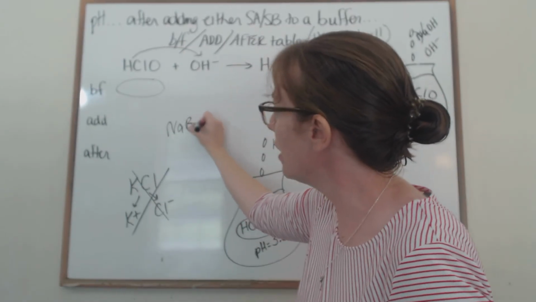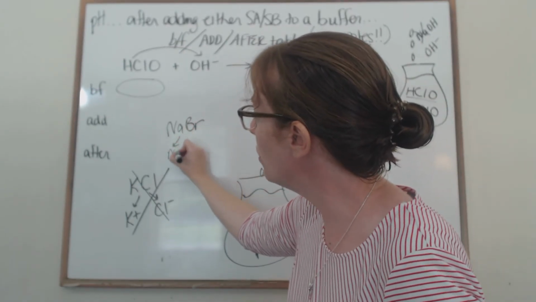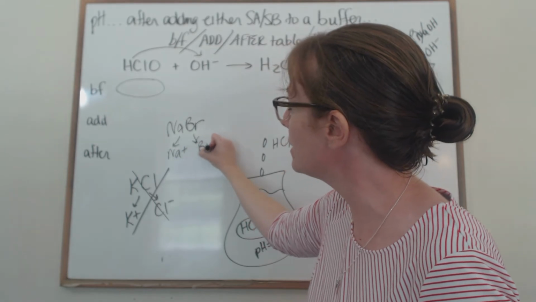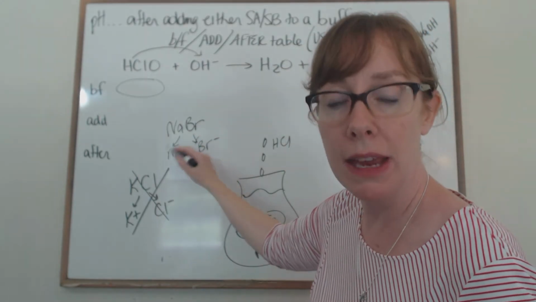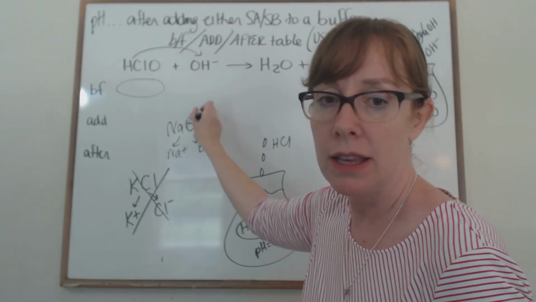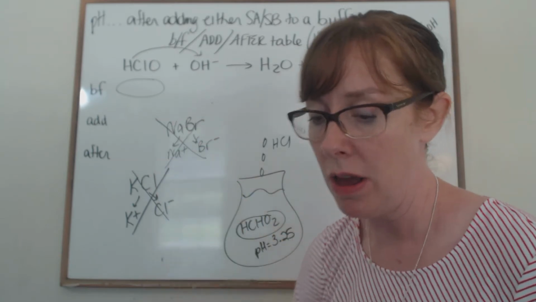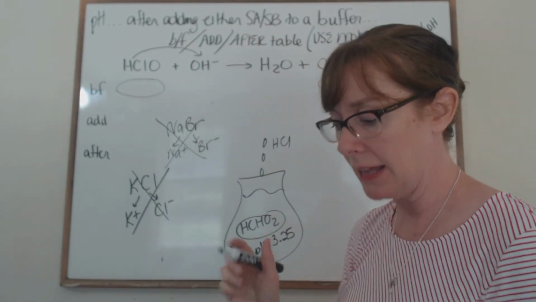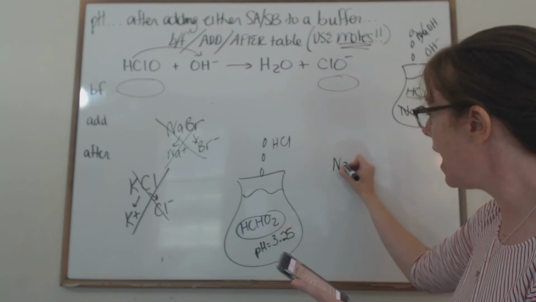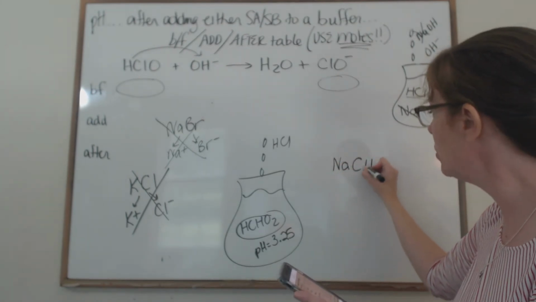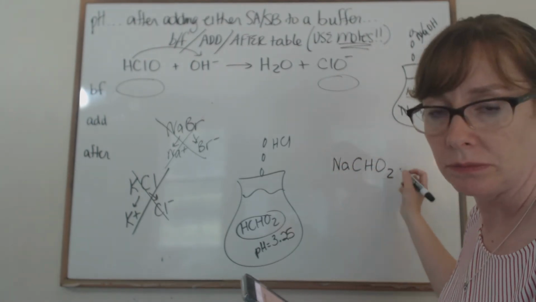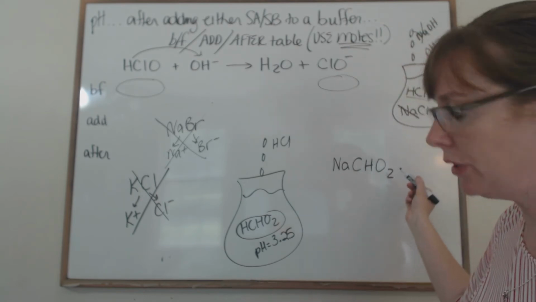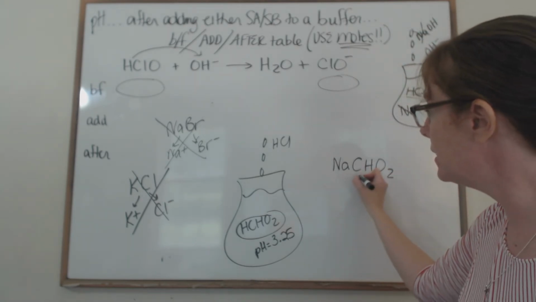NaBr is another salt that has sodium positive and Br minus. Those are also on your pH neutral ion list. This will not affect your pH at all. But I think the last one's probably the answer. If you add in NaCHO2, this here is a salt.